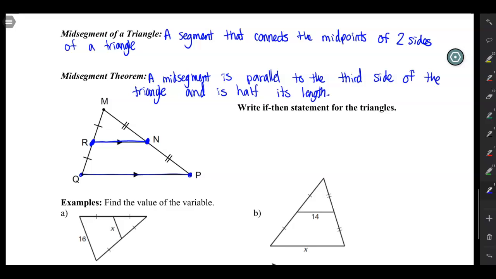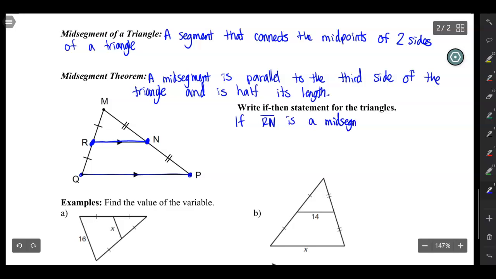Let's go ahead and translate this into symbols. If RN is a mid-segment, then we know two things. The first is that RN is parallel to QP.